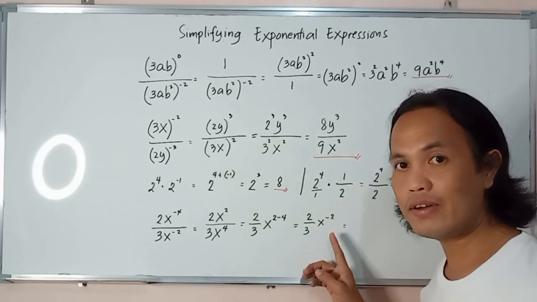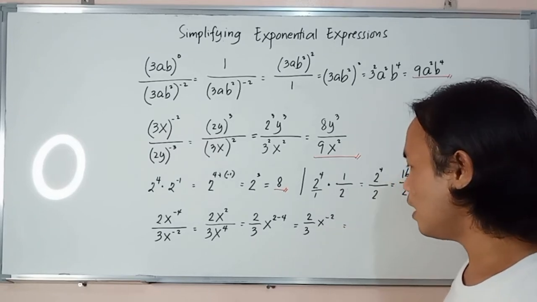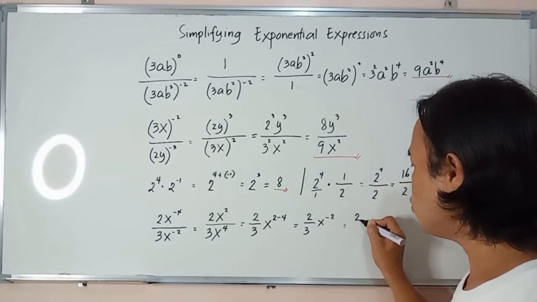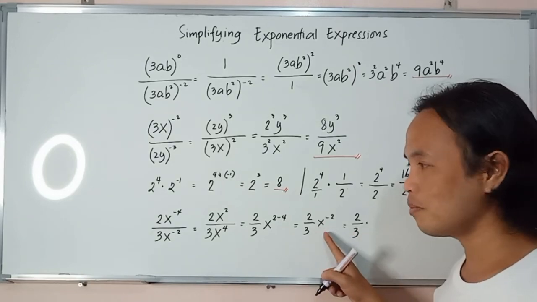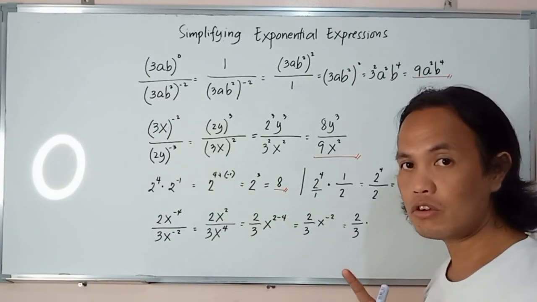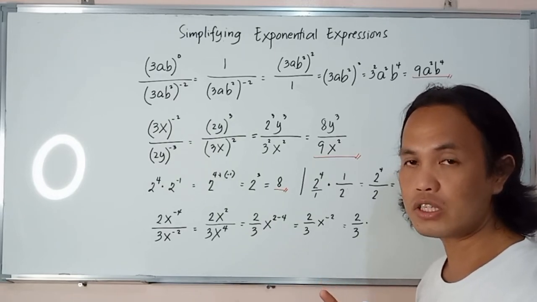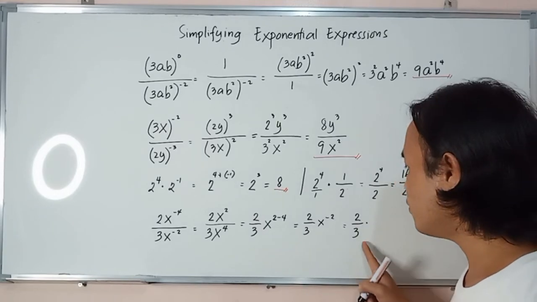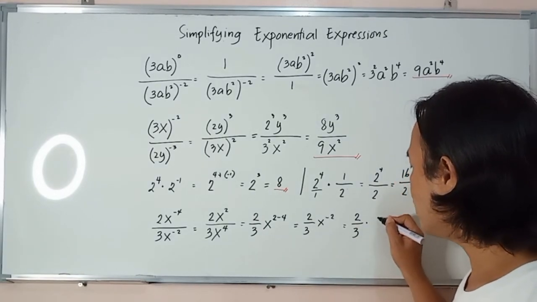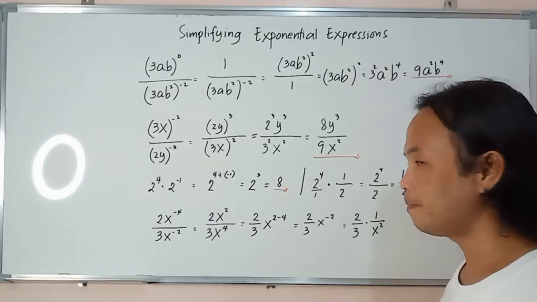This time, we have a negative exponent. So, what we need to do is to get the reciprocal, so that becomes 2 over 3 times, because that is multiplication. When a variable and constant is being placed together, the operation between the variable and a constant, or a fraction and the variable, is multiplication. So we have 2 over 3, we multiply that with 1 over x squared.